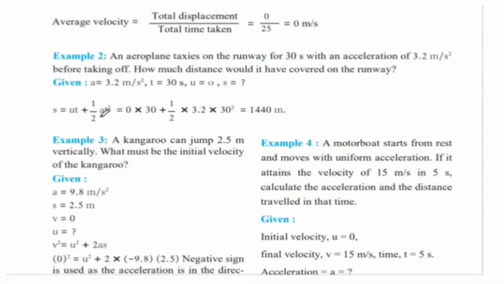And this formula has acceleration in it. So we just have to substitute whatever is given to us, and we get the answer of 1440 meters. So this airplane traveled 1440 meters on the runway in 30 seconds with an acceleration of 3.2 meter per second square.